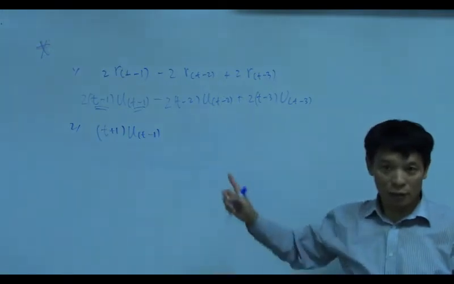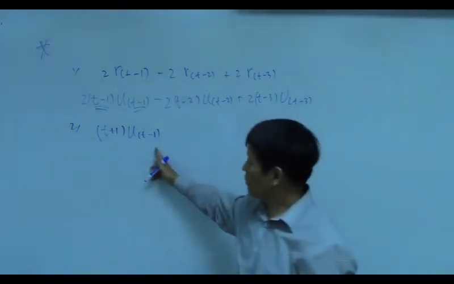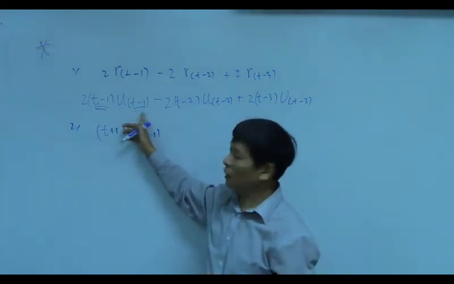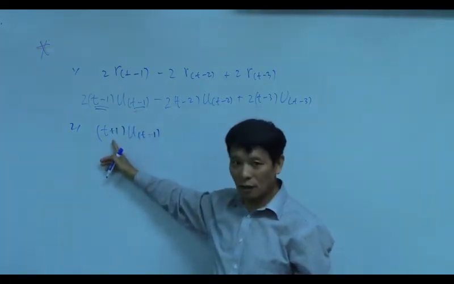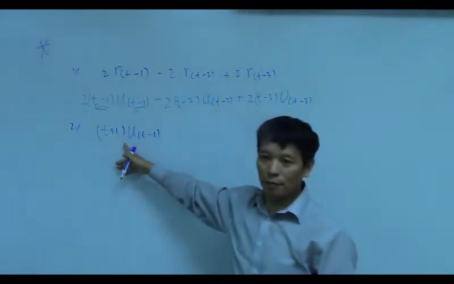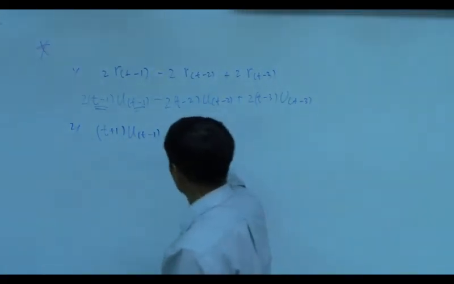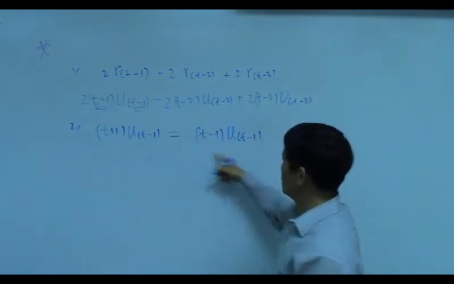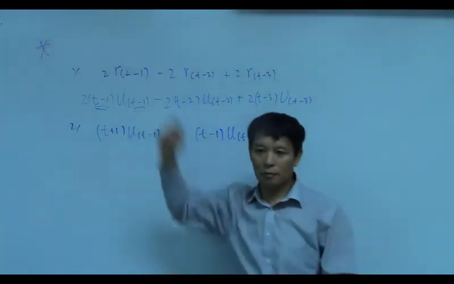I only discussed the first term for you. This one is only delayed, but there's a t here. If delayed by 1, this one must be t-1. So we are going to write this as (t-1)u(t-1) first. This is what we want.